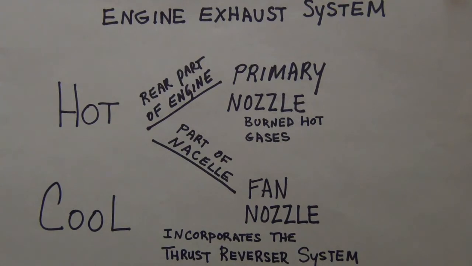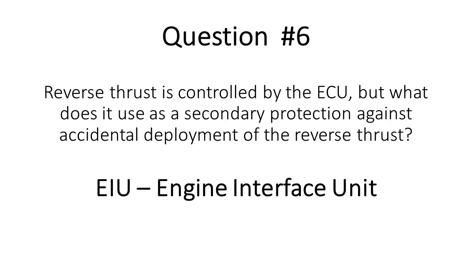Reverse thrust is controlled by the ECU, your electronic control unit. But what does it use as a secondary protection against accidental deployment? Boy, that would be terrible if we had the accidental deployment of the reverse thrust. I mean, what would happen? I'll let Rick answer that question. But think about this from a physics standpoint.